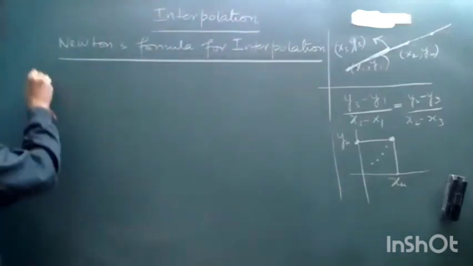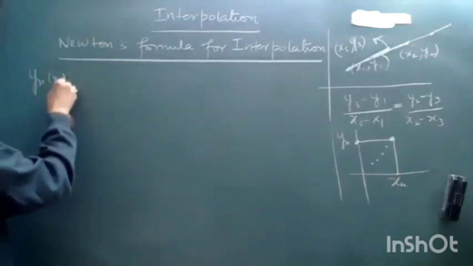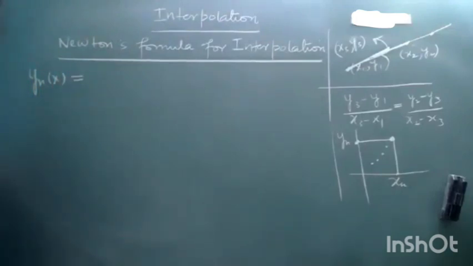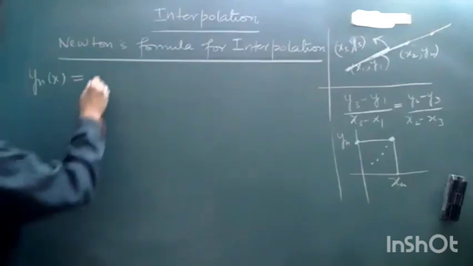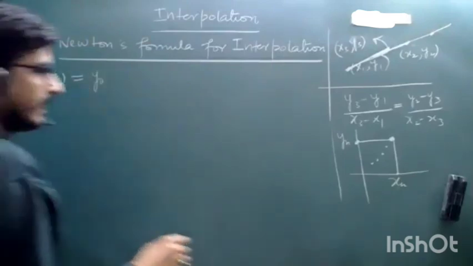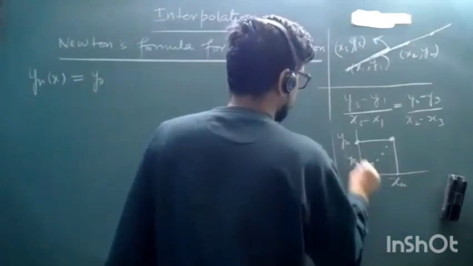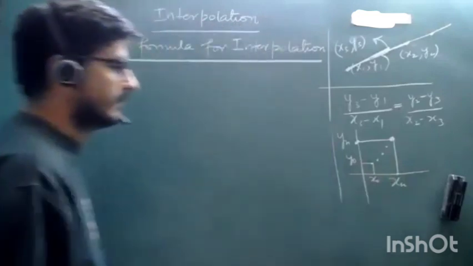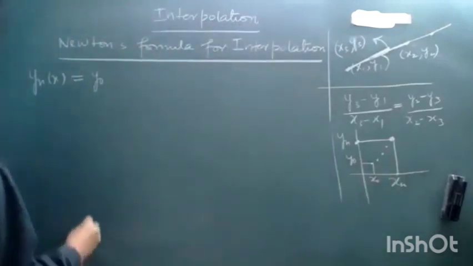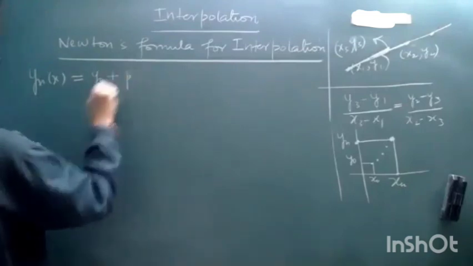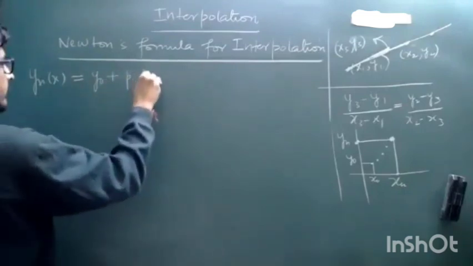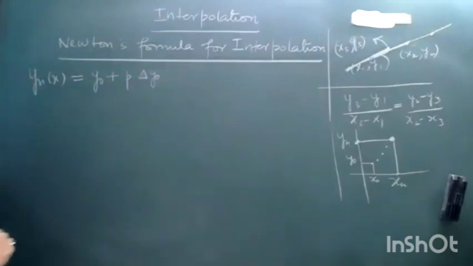So yn of x is equal to y0. This point is like y0 and this is x0. In this way you can understand y0 plus p times delta y0.